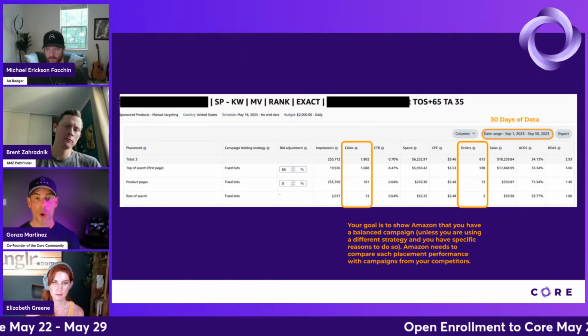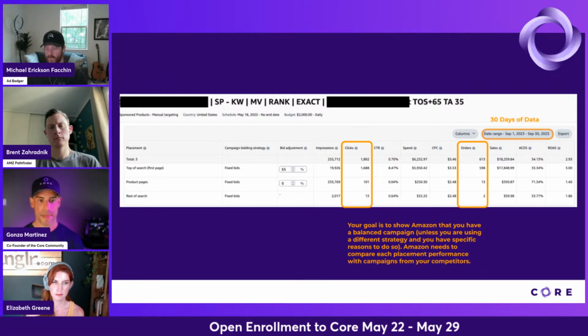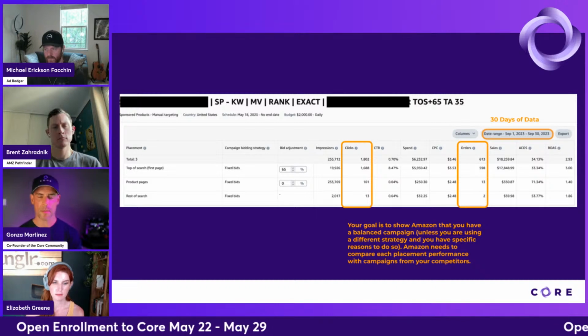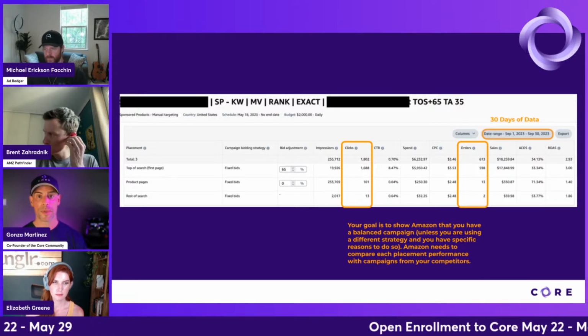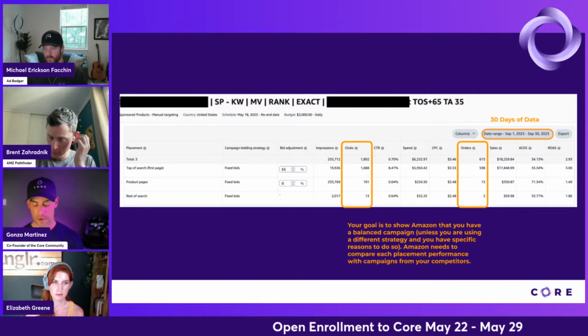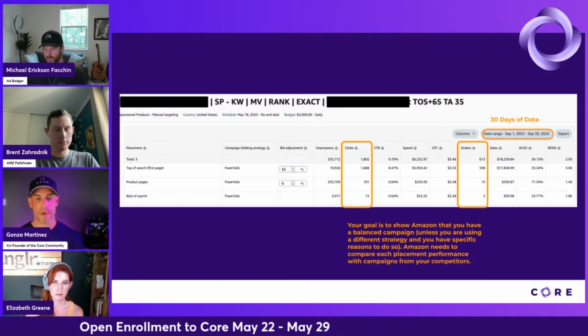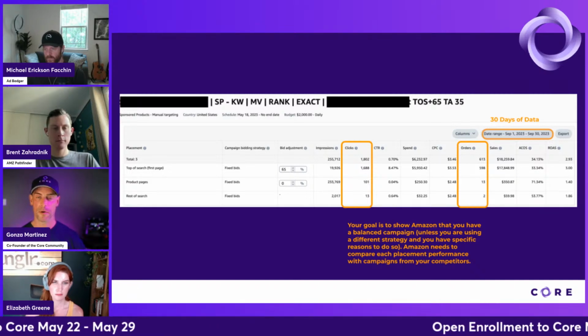So your goal here is to show Amazon that you have a balanced campaign, unless, of course, you're going for something very specific, like a top of search only campaign, which a lot of people love to do. I don't personally recommend that for a number of reasons. We can talk about that within the community. But especially in the beginning, I love creating campaigns that show Amazon performance on all placements.